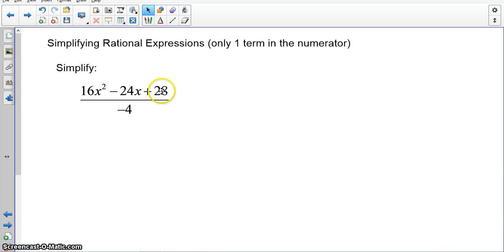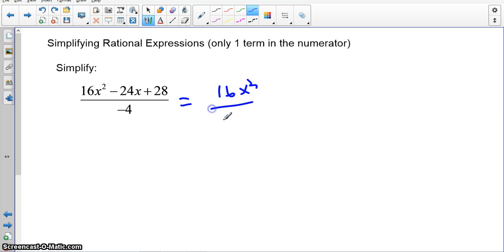So in this case, when you simplify it, you've got to remember that this negative 4 is dividing this, this, and this. You don't have to show everything, but I will now, just to make it apparent what I'm doing. So it's 16x squared. I would never write all this out if I was just doing the problem myself. Minus.